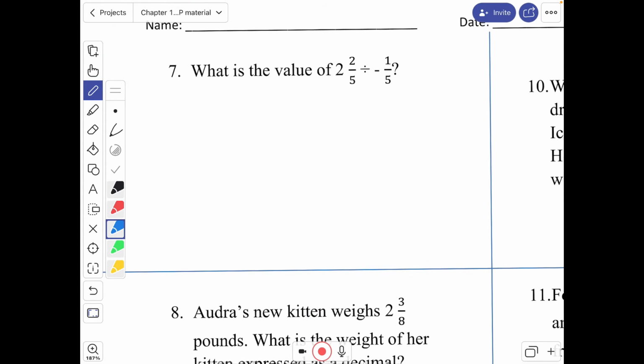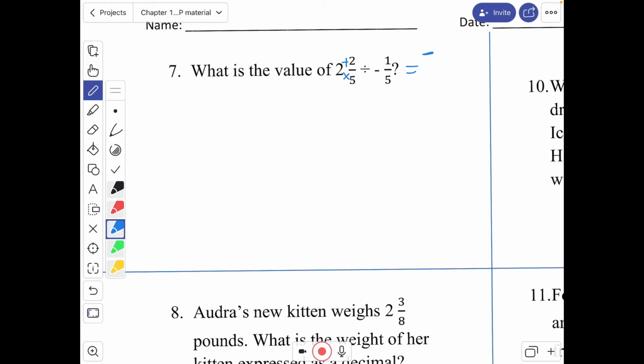Number 7. What is the value of 2 2/5 divided by -1/5? Well, first of all, I noticed that the first number is positive and the second number is negative. That means my answer is going to be negative. Okay, we need to do Texas first.